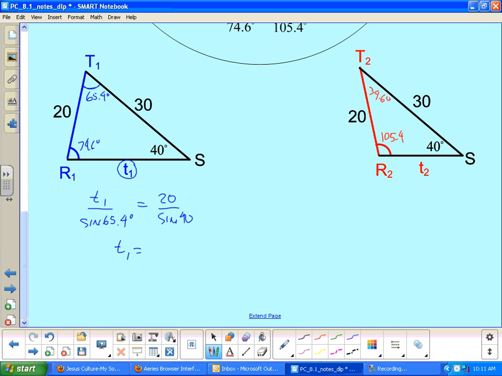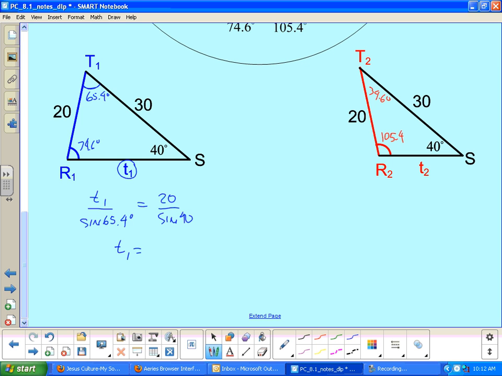Got it for me? Almost. Halfway there. I got 28.29.